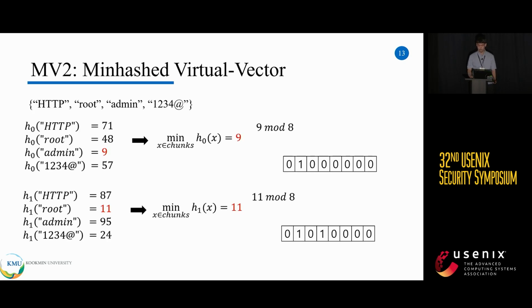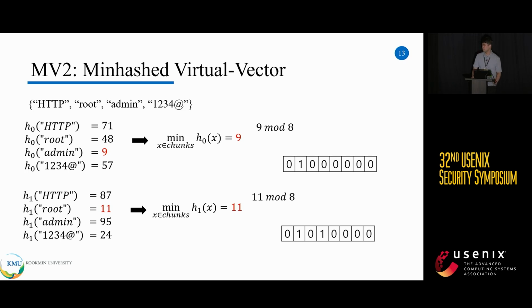Then we use MinHash to generate the bitmap to encode the packet payload. MinHash is an algorithm that compresses data using k distinct hash functions so that the Jaccard index can be estimated. Using the hash functions, we encode the payload as a bitmap vector. For example, we choose the minimum hash value for the first hash function H0, 9 in this slide.